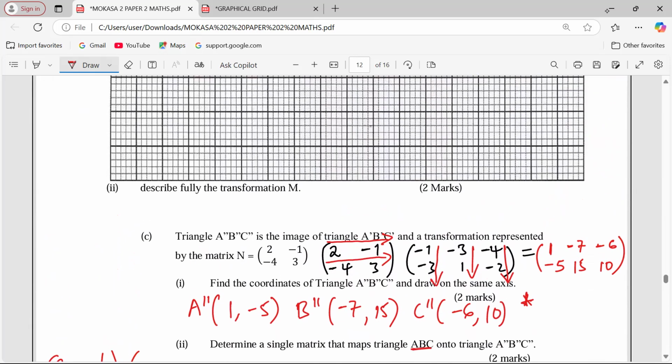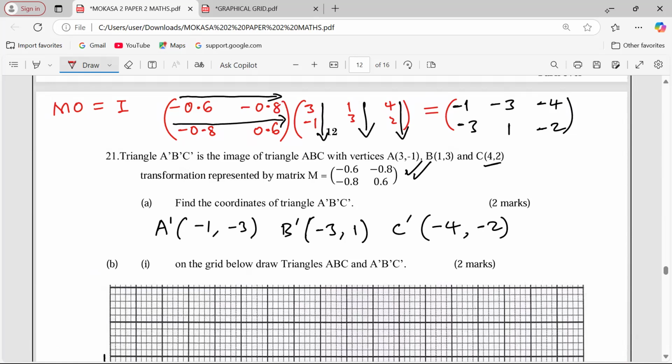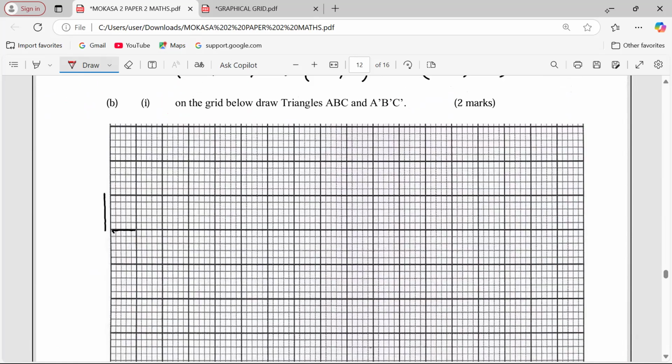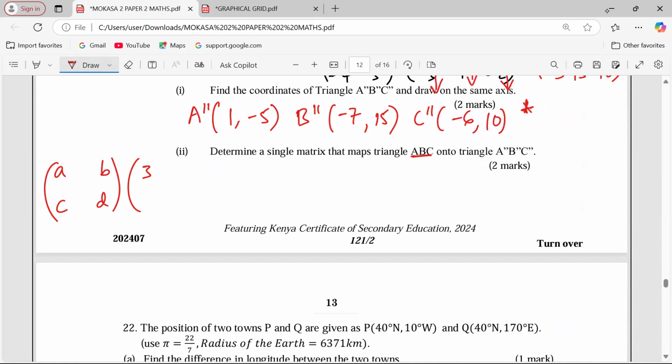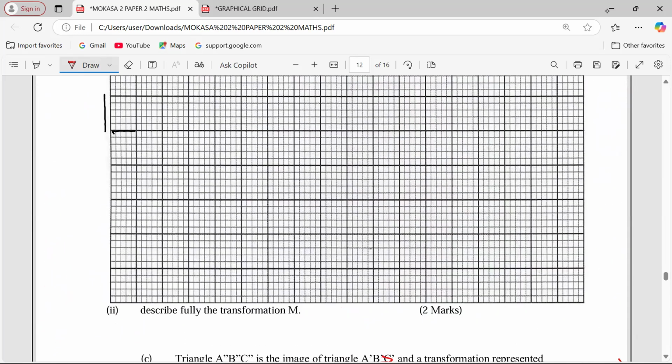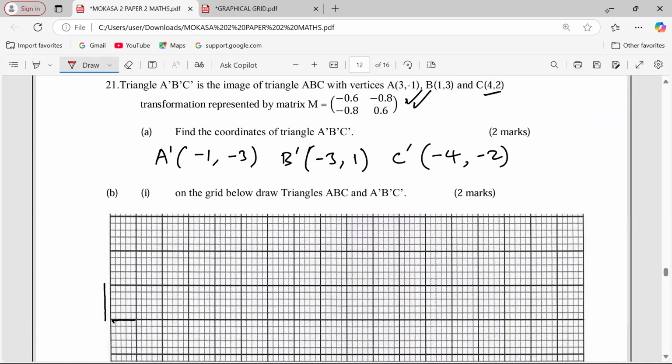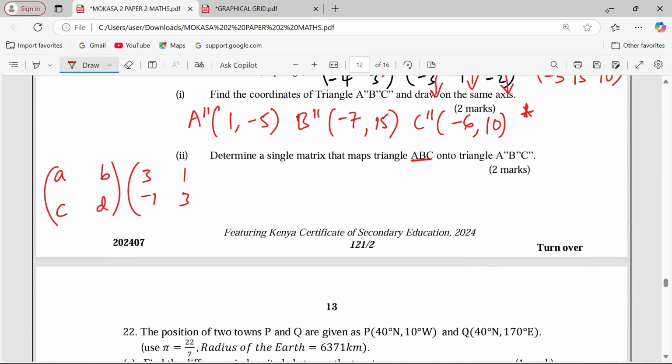So the first triangle is 3, -1, and 1, 3, then 4, 2. We need a matrix that would multiply this one to directly give us the last triangle.